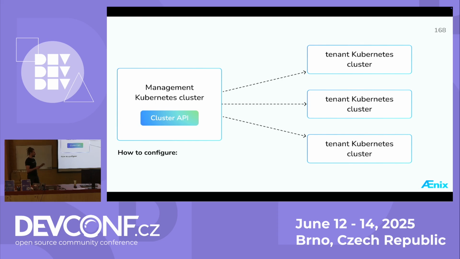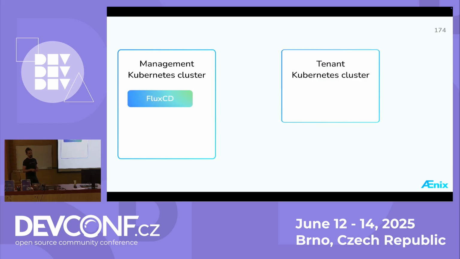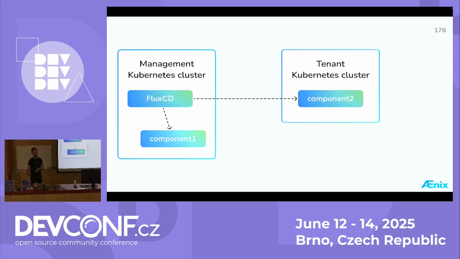But there are still questions on how to configure the CCM, the CNI plugin, and also the autoscaler. In this case, we use the same FluxCD. FluxCD allows you to create components in your management Kubernetes cluster, but also in the tenant Kubernetes cluster.